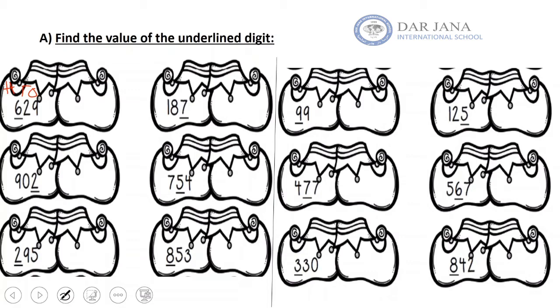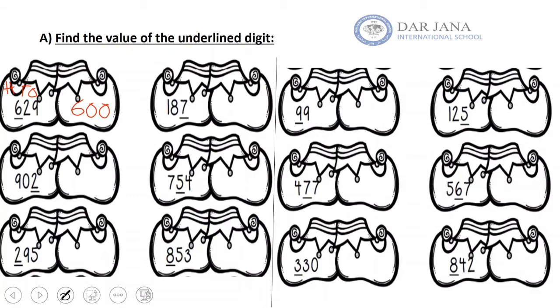Do you remember that hundreds is a 3-digit number? Yes. So, the value of the 6 here is 600. Very good. How do you make sure that your answer is correct? Let's read it. You read it this way, right? 629. So, the value of the 6 is 600. Now, next.